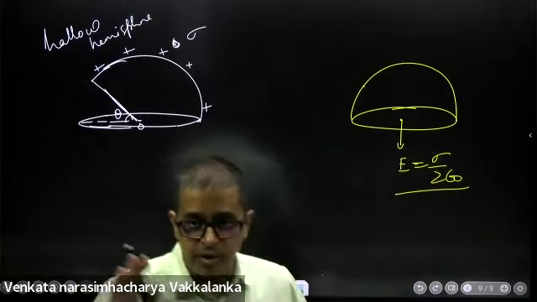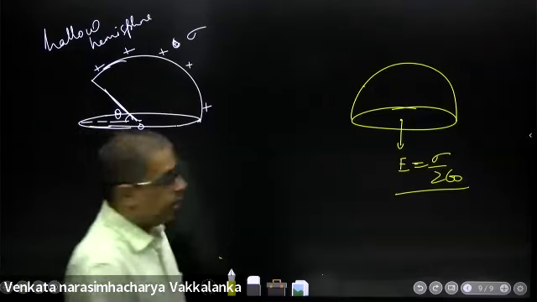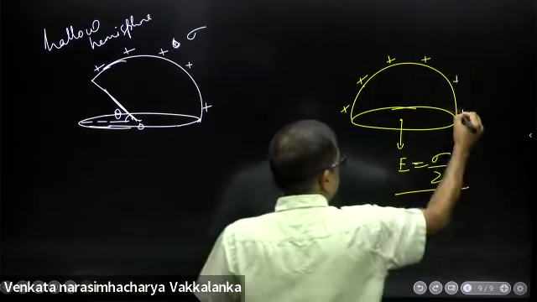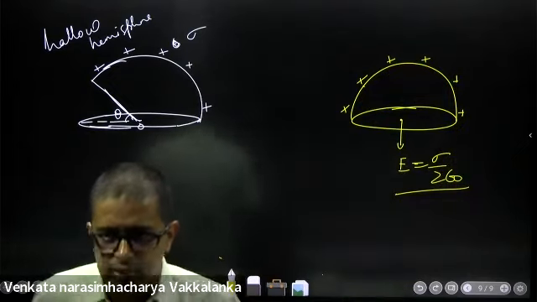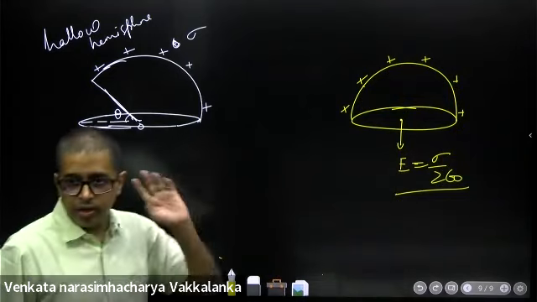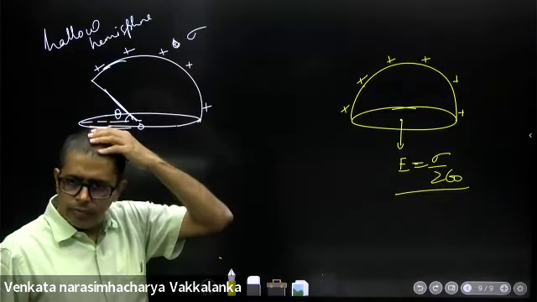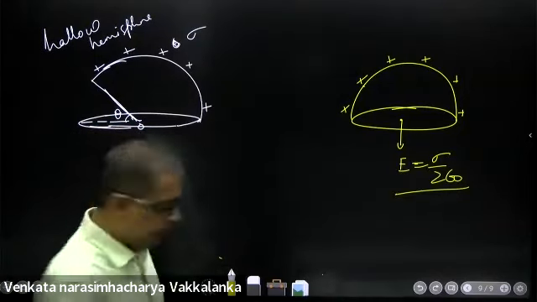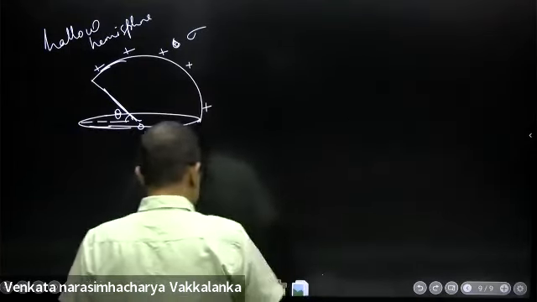Is everybody aware of it? वो बता दो. हेमिस्फीयर के वजह से नेट फील्ड इज सिग्मा बाय 2 epsilon naught. Anybody who has a doubt in that expression, please raise your hand. All of you are very aware of it. Then life becomes easy.